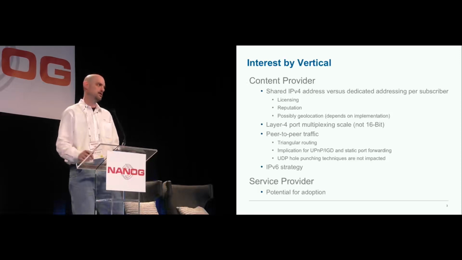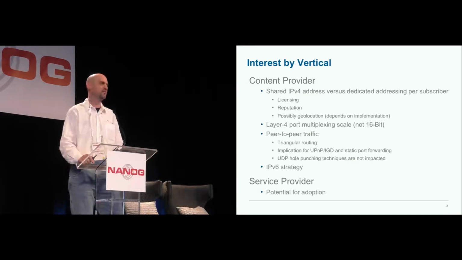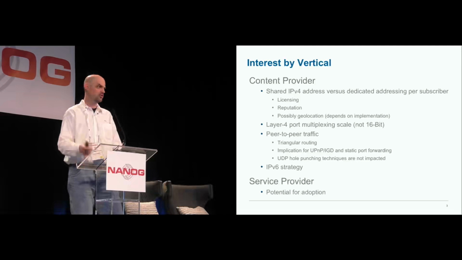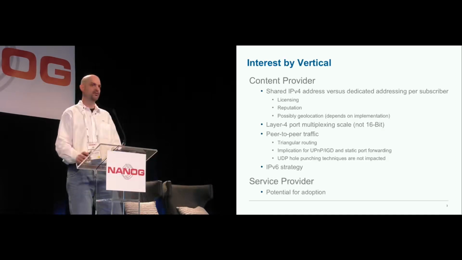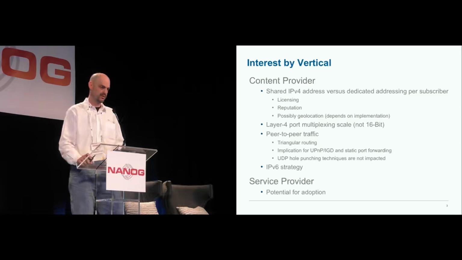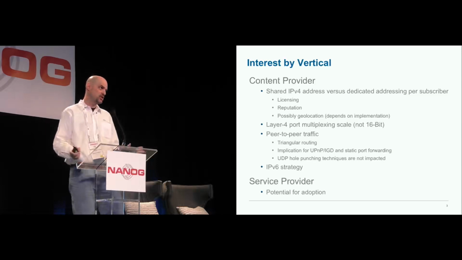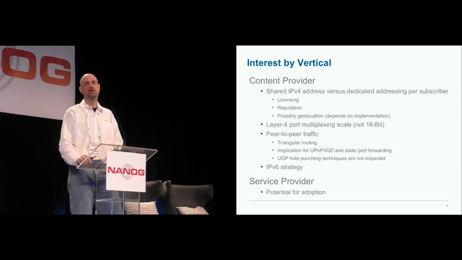And eventually, shared IPv4 is going to be a more significant consideration, especially for the content providers. Why? Well, if you're doing licensing based on IP address, this is something you're going to have to consider in a shared IPv4 addressing world. If you're doing reputation by IPv4 address, that's going to be an issue for you as well. Geolocation, possibly. This is going to depend on implementation.